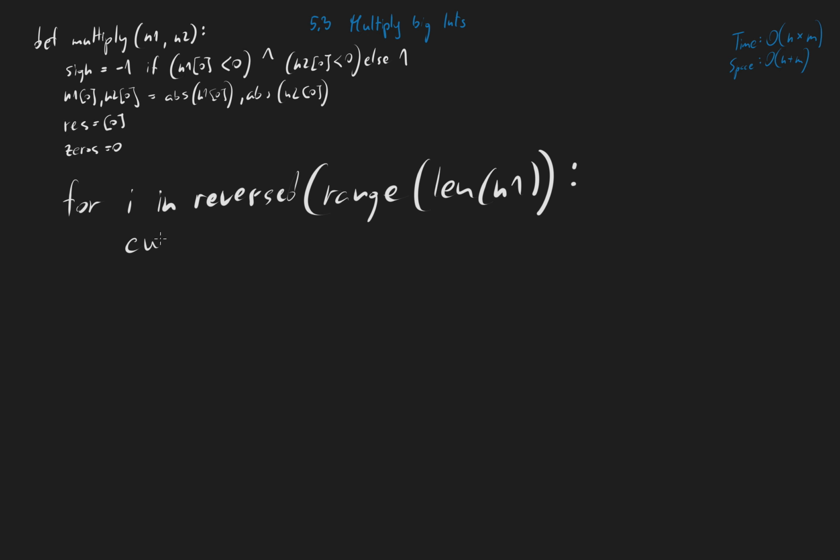Here we will have current value. And we need to have carry, which is also initialized to 0, and another for loop.